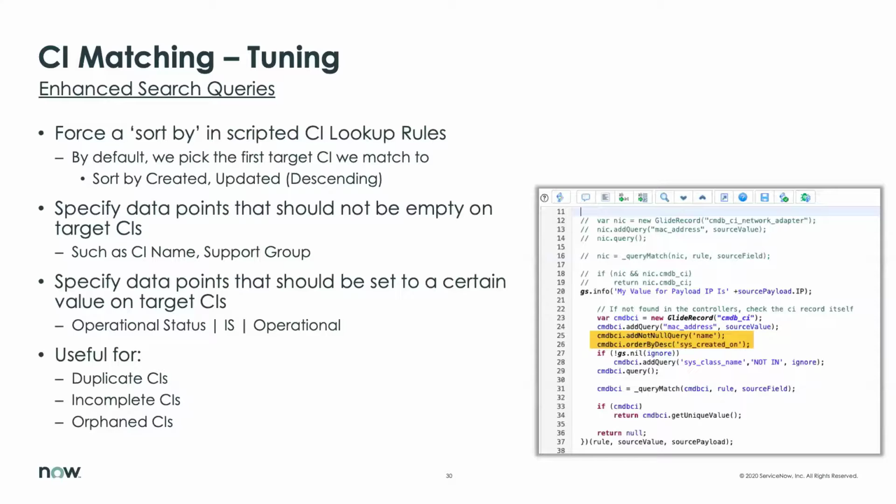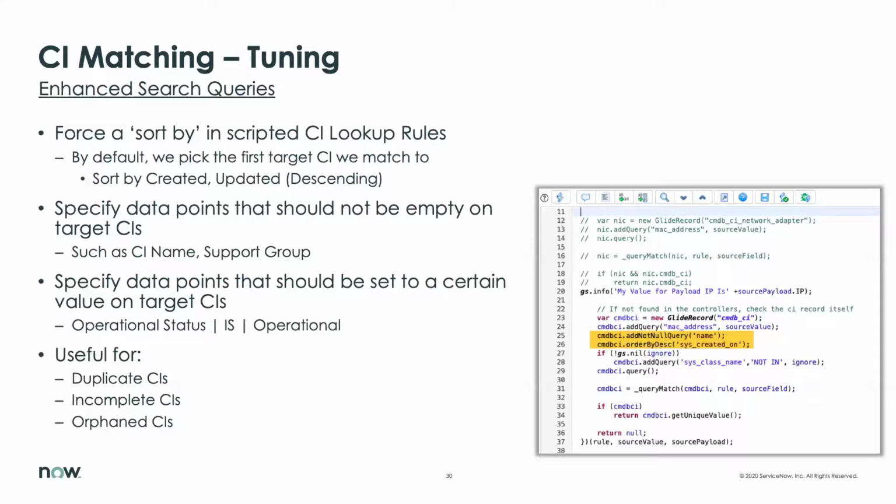You can actually start to influence your queries, and one of the cool things you can do is insert a sort by, and you can use a particular date. That way you're forcing the system to surface up what's relevant first, rather than just picking one of the arbitrary 10 targets.